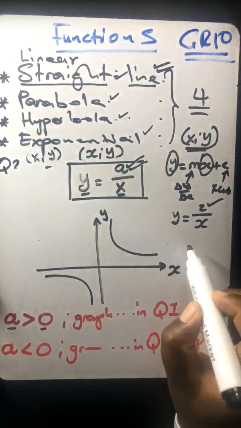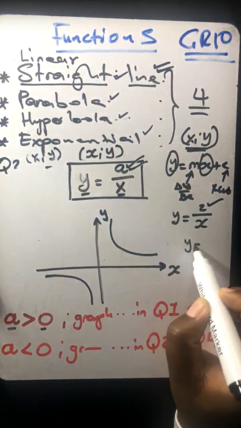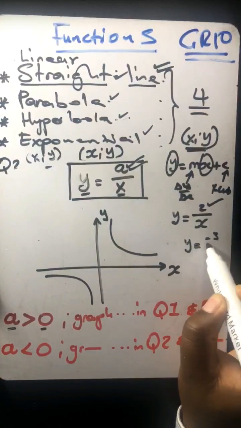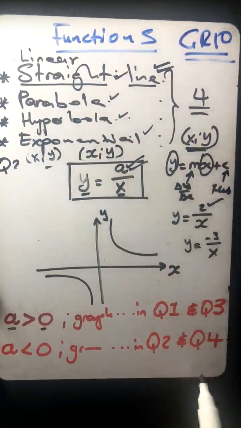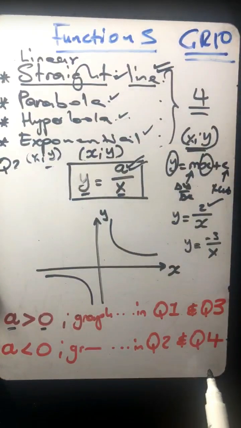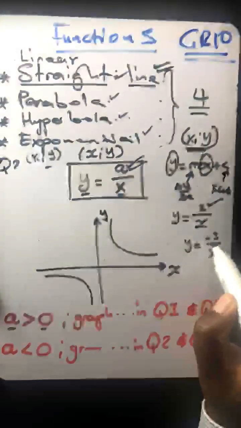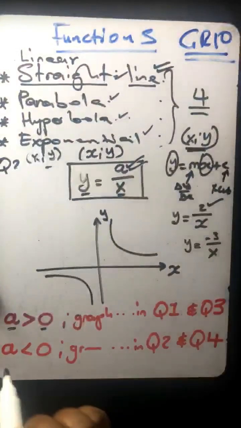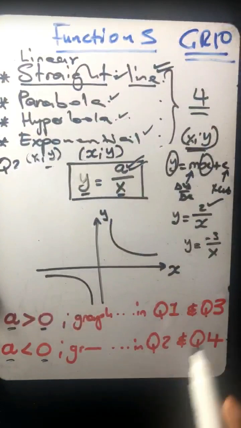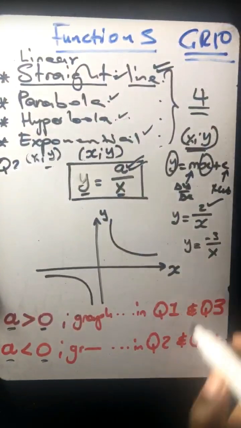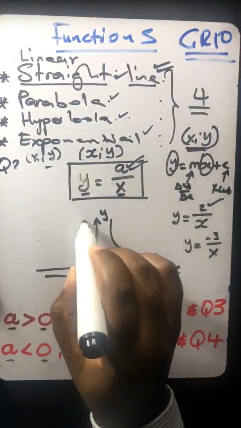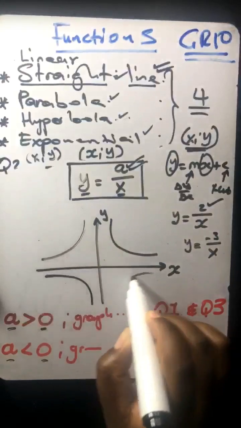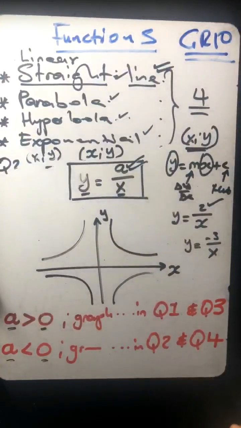But if we had something like y is equal to negative 3 over x, can you see the a value is less than 0? What makes it less than 0 is that negative. So that means it's going to be in the second and the fourth quadrant.